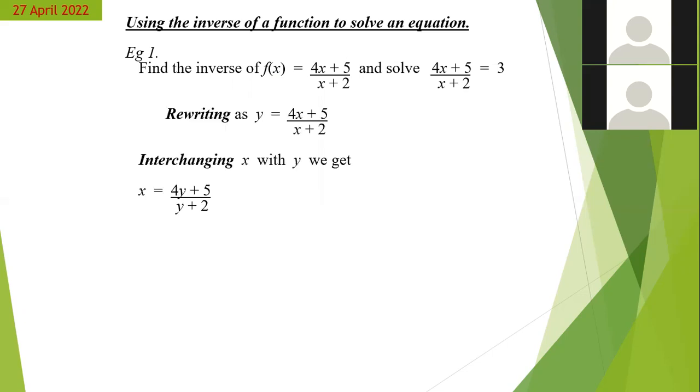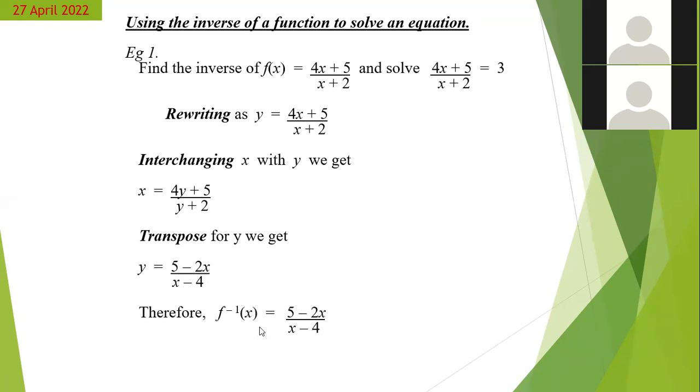So this is what we have done. We find the inverse of the function, rewrite f of x as y equal to 4x plus 5 over x plus 2, and interchange x with y. So we have x equal to 4y plus 5 over y plus 2. Then we transpose, and we get y equal to 5 minus 2x over x minus 4. So that is our inverse function.